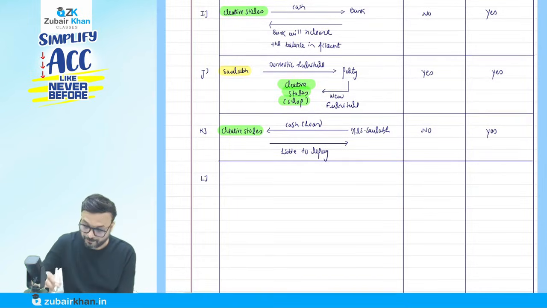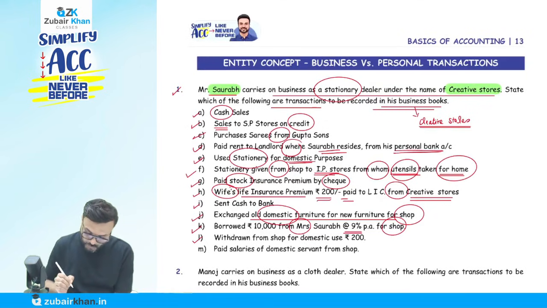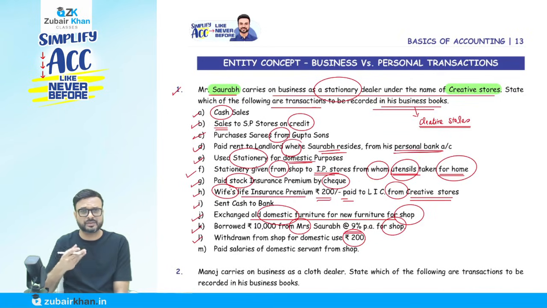Now next is the L point. It says, withdraw from shop for domestic use. From the shop, cash is withdrawn for some personal use. So who withdraws? Obviously the owner. Saurabh withdraws from the shop for some personal use.